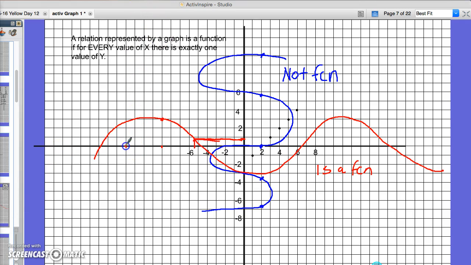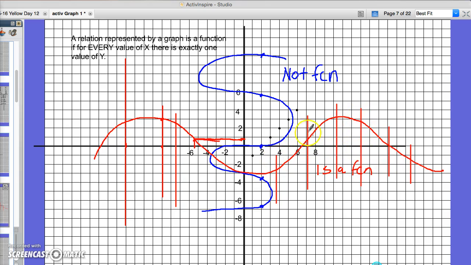You're drawing a vertical line to find out if there is one or more than one place that your vertical line crosses your curve. So for the red curve, no matter where I draw my vertical line, it's going to cross the curve only once. So for every value of x in my domain, I have only one value of y.